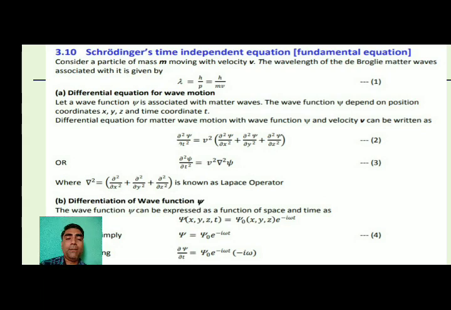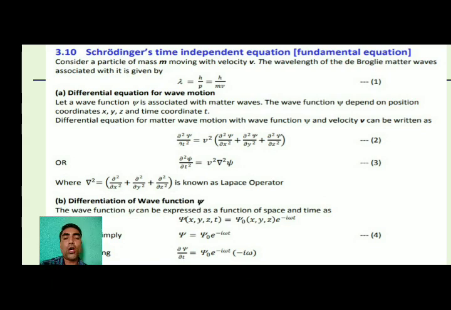For a given wave function psi, the general wave equation can be expressed as the second order time derivative of psi related with the second order space derivative of psi through the square of the velocity of the wave.